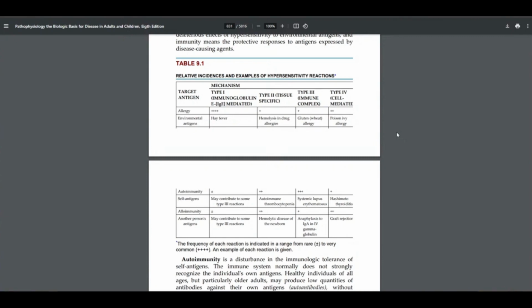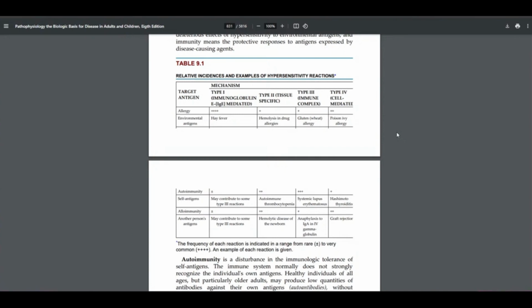There is a positive autoimmunity to that. The self-antigens is an autoimmune thrombocytopenia because of the hemolysis in the cells that's happening. There is a positive reaction to alloimmunity, and another person's antigens could cause hemolytic disease in newborn babies.